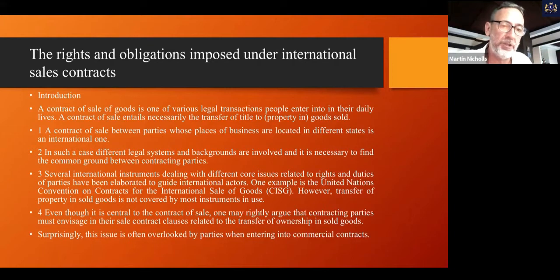So there's often a question surrounding when a service or a product actually changes hands. And we'll talk about that a little bit more. So even though it's central to the contract of sale, one may rightly argue that contracting parties must envisage in their sale contract clauses related to the transfer of ownership of the goods.